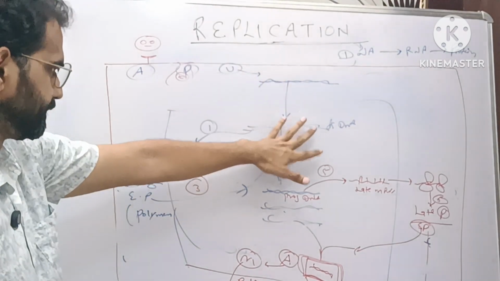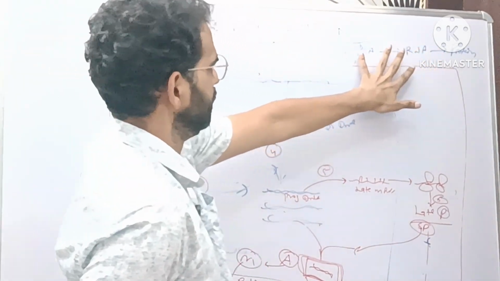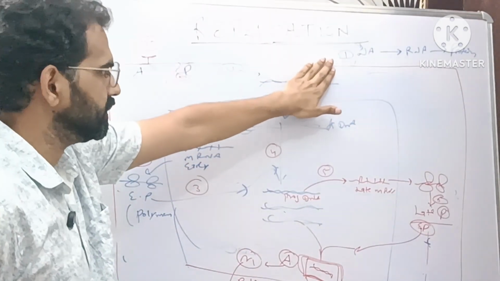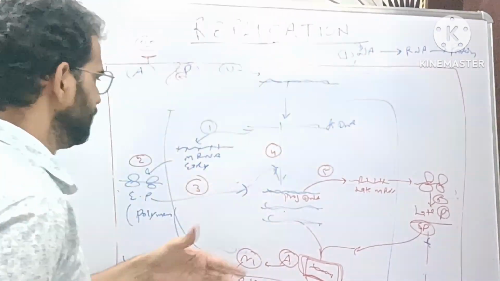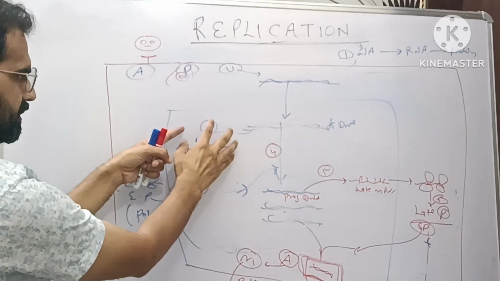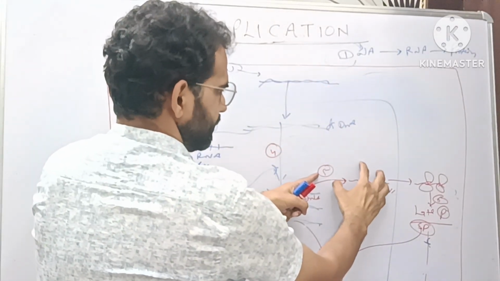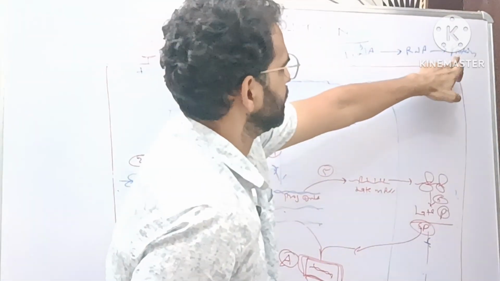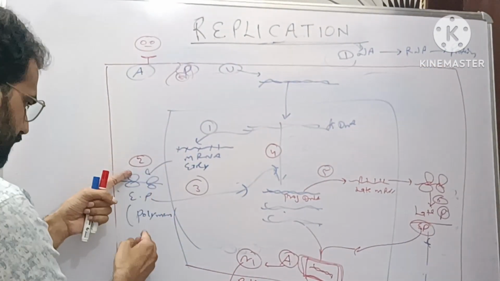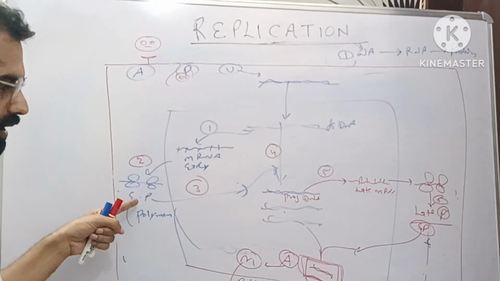But here in this central dogma portion, we discussed the replication mechanisms, then transcription, where early transcription gives rise to early messenger RNA, then late transcription gives late messenger RNA, then translation, whether early or late, takes place in the cytoplasm.